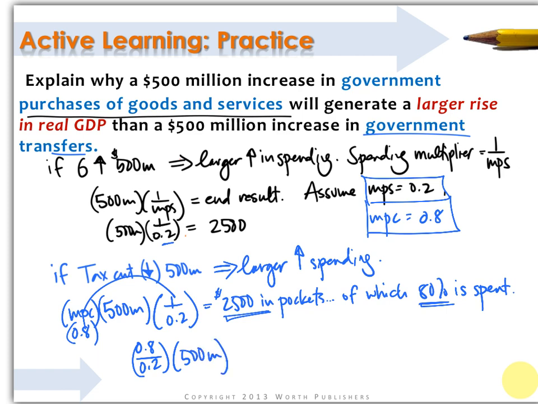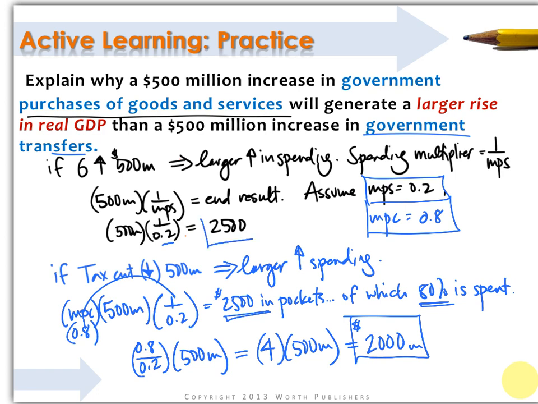You'll see what I'm doing in just a second. That gives us this 0.8 over 0.2, which is 4, times 500 million. And that is 2,000 million. So the impact of the tax cut is less than the impact of the spending increase.